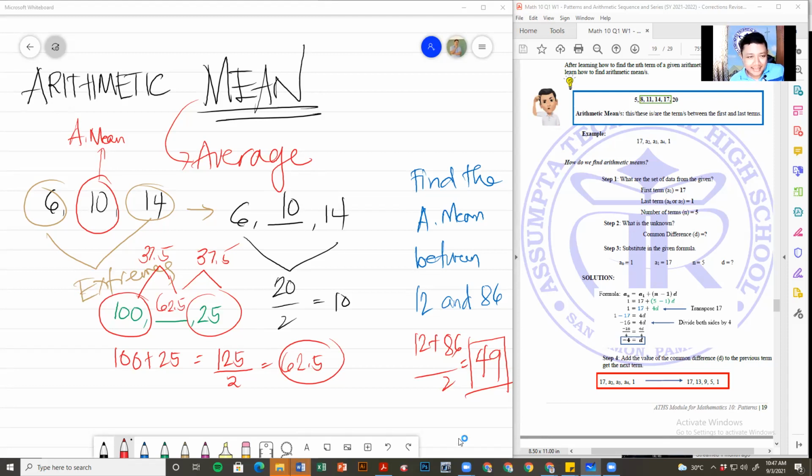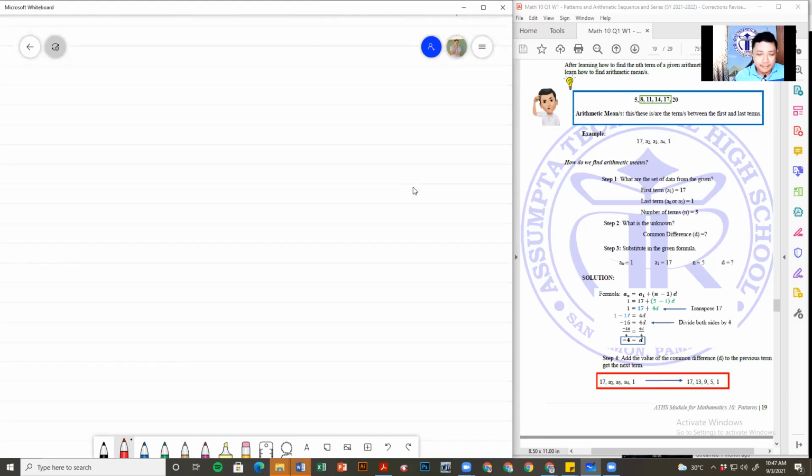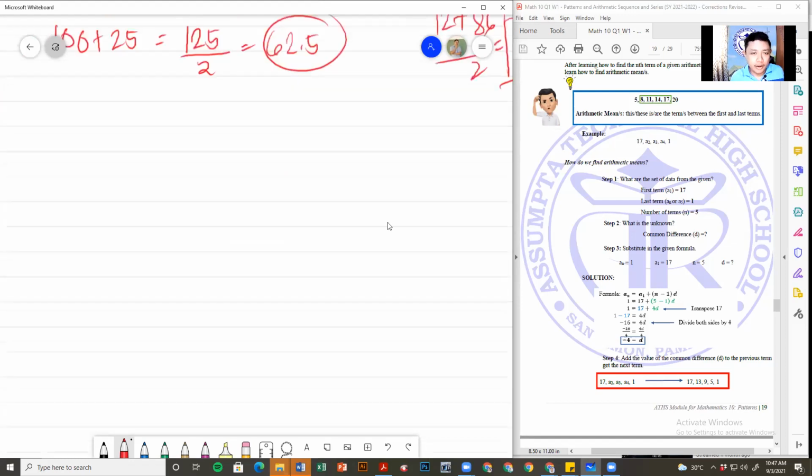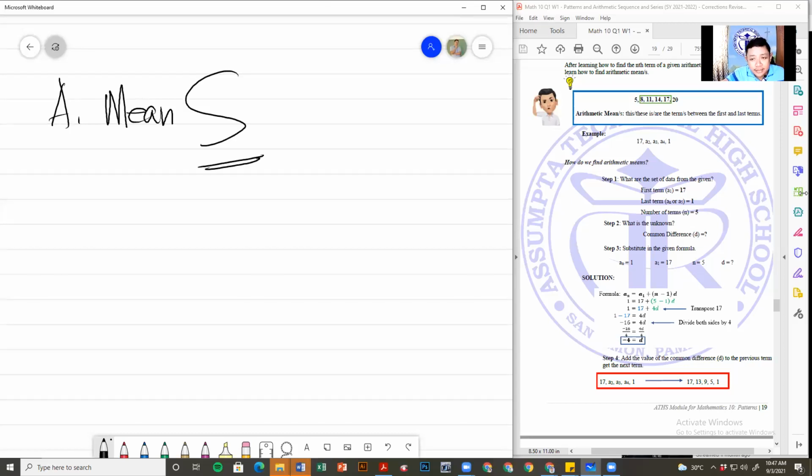Thank you. That is if there's only one arithmetic mean being identified. What if there are already more than one arithmetic mean? So this time we'll be talking about arithmetic means. So there's not only one, but two or more arithmetic means in between the two extremes, the first and last terms.